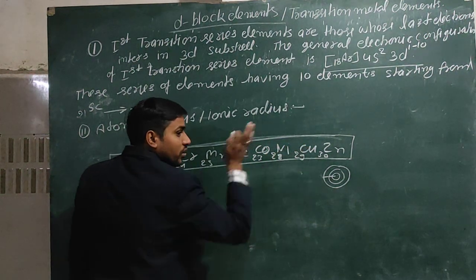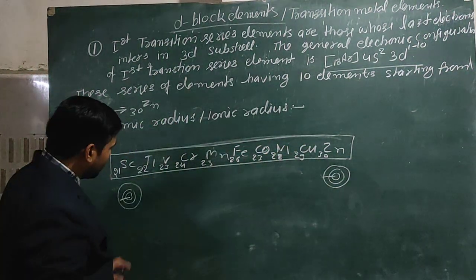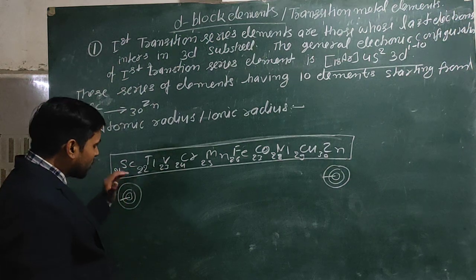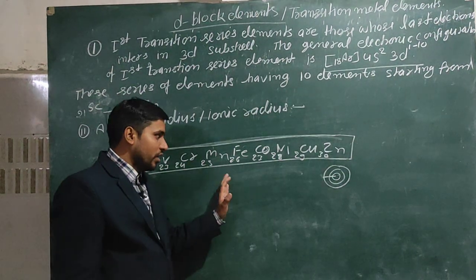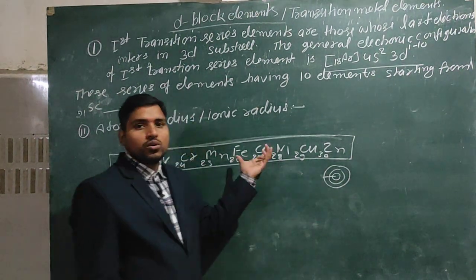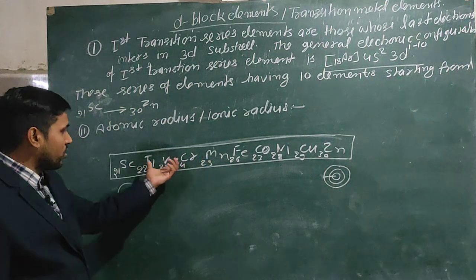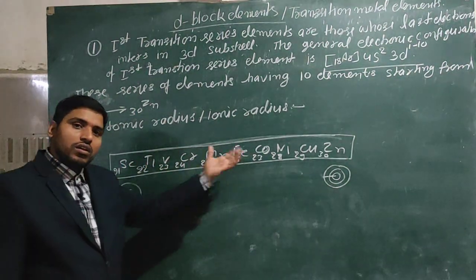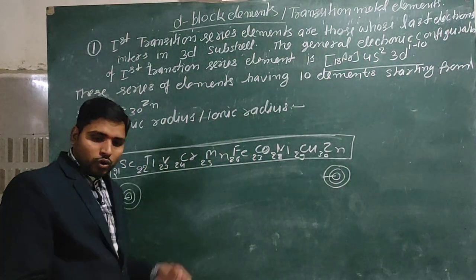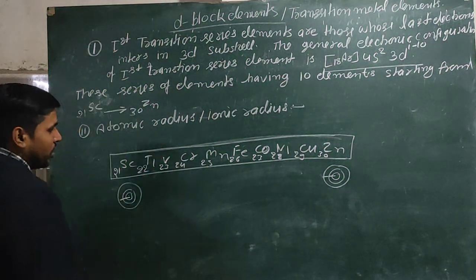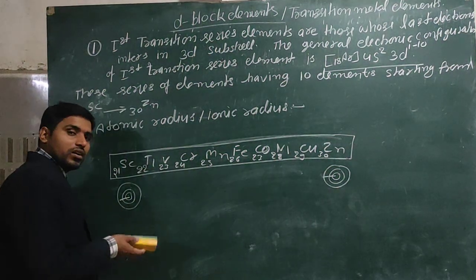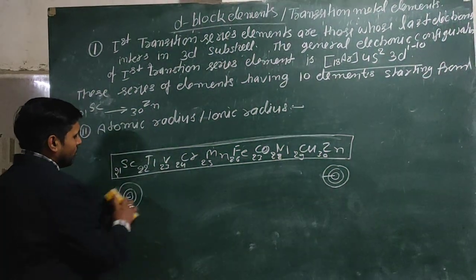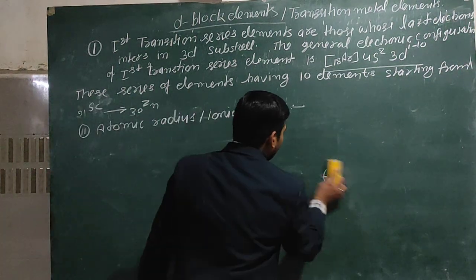Ionic radius gradually increases, not atomic radius. The ionic radius firstly decreases and then increases due to extra electrons present in the d subshell. Okay, I hope you understand the effect of atomic radius on 3d transition series elements.